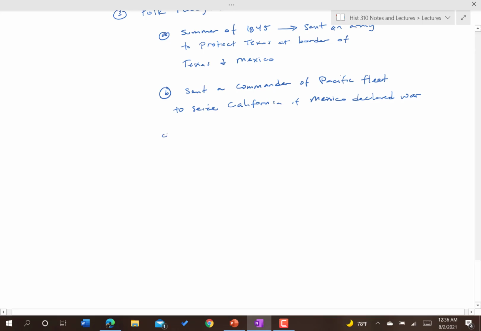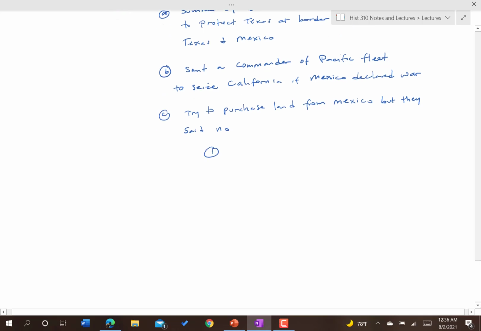He did actually try to purchase the land from Mexico, but Mexico said no. So what happens from this is he moves the army across the river, trying to goad Mexico into attacking.